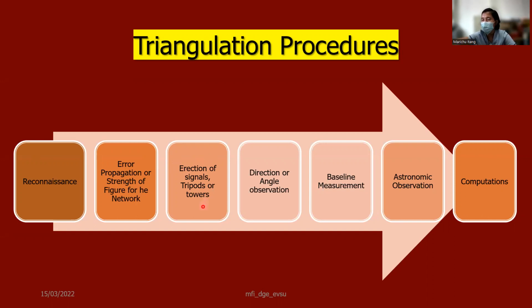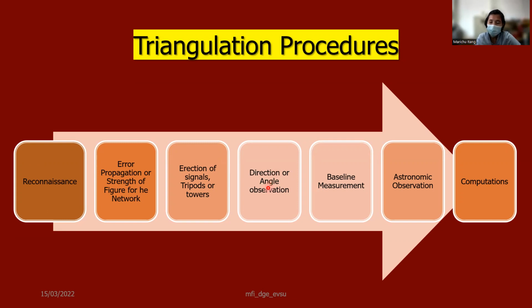Just in case it turns out the points on the ground are not intervisible after the strength of figure is established, which means the design is already final, then they are going to establish towers just to make the points intervisible. This only applies to the method without GNSS or GPS. So they employ erection of towers or signals.